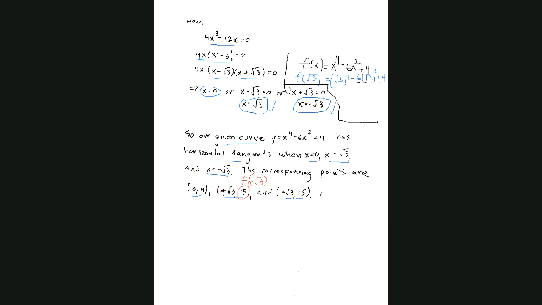And this is going to equal 9 minus 6 times 3 plus 4. And that's going to get you 13 minus 18. That's going to get you negative 5. That's how I got the negative 5 here.